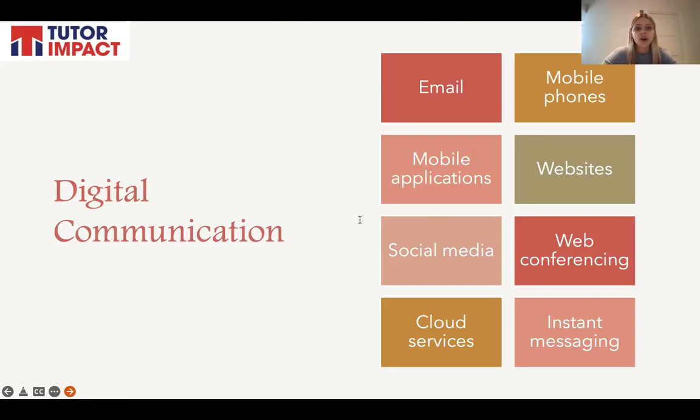There's also cloud services and also other forms of instant messaging, such as text messages. So there's a lot of digital communication. And as I said at the beginning, this has developed very quickly over the last couple of decades. And this has come with a lot of different impacts.